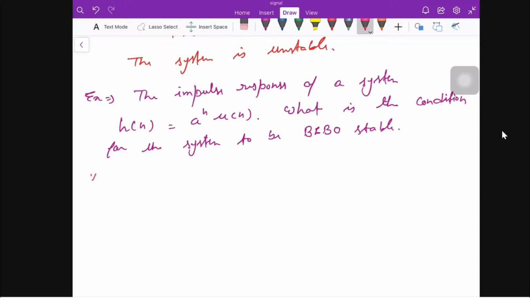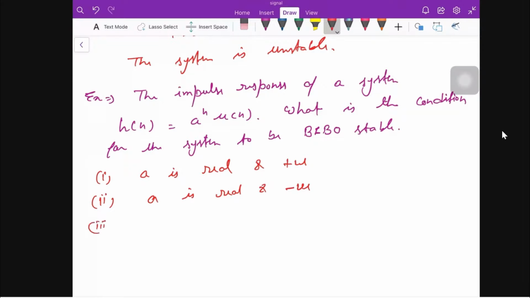Okay, so first is given A is real and positive. Second one is given A is real and negative.